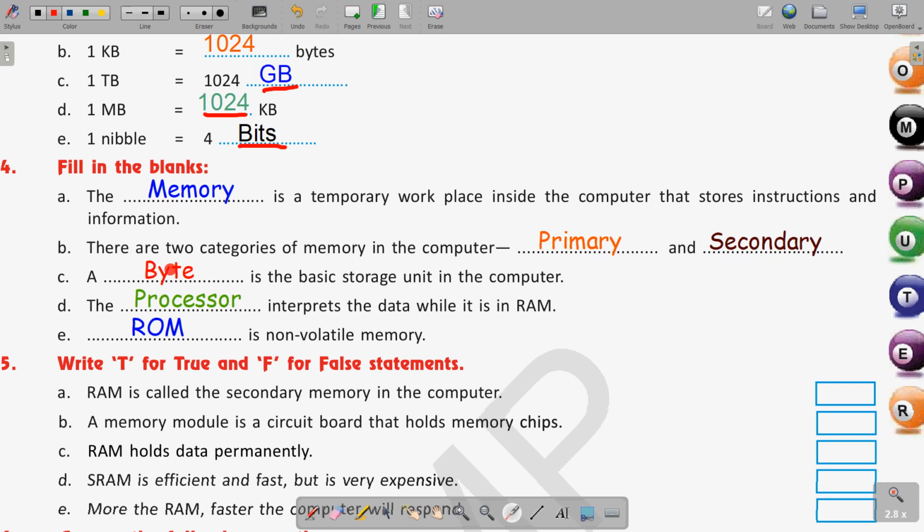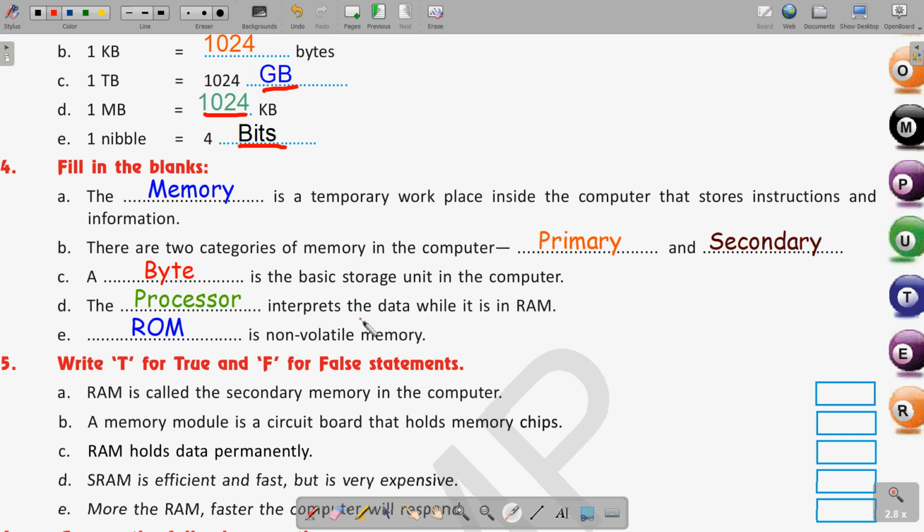Second is, there are two types of memory in the computer. What are the two types of memory? The two types of memory are primary memory and secondary memory. We have to write the two categories as primary memory and secondary memory. Question C. A blank is the basic storage unit in the computer.